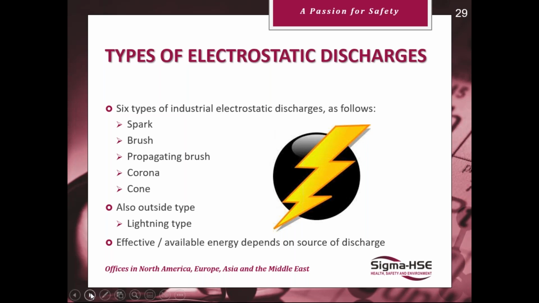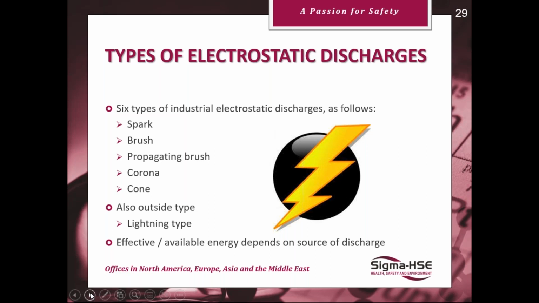Now, how does it get rid of itself? How do we get rid of that charge? Well, there are several ways discharge can occur. There's actually 6 of them: spark discharges, the most common, brush discharges, propagating brush discharges, corona, and cone.